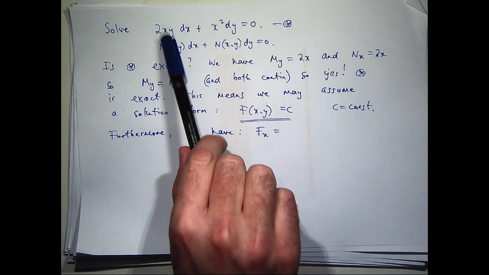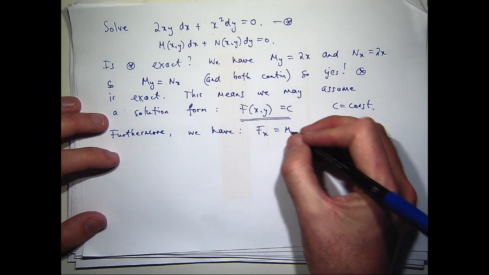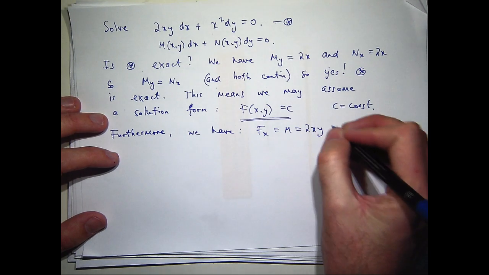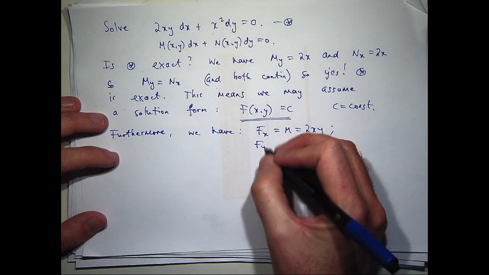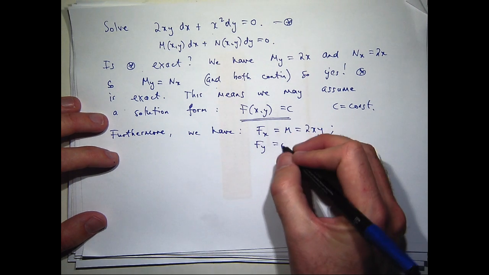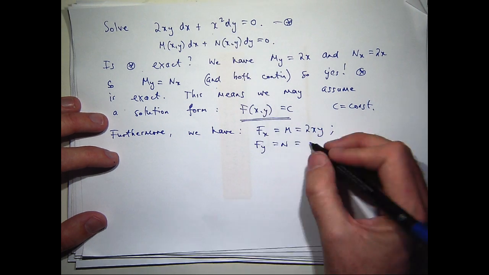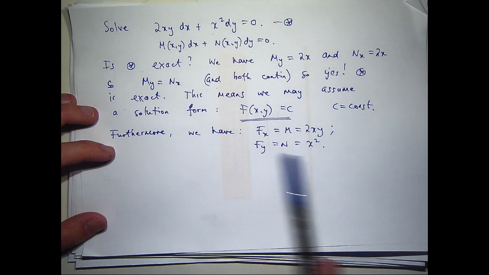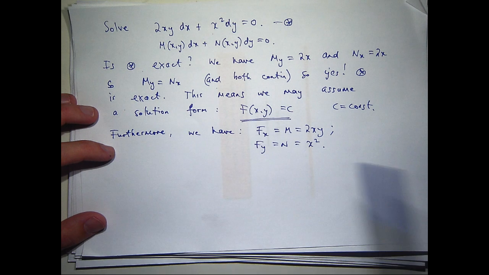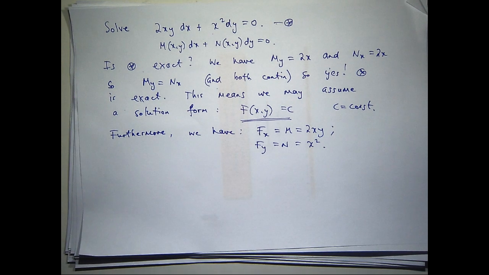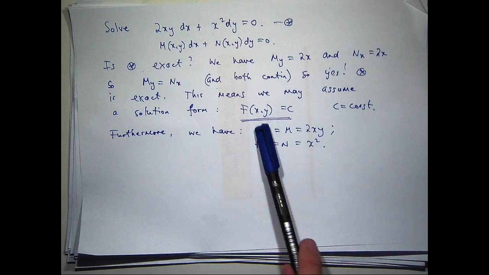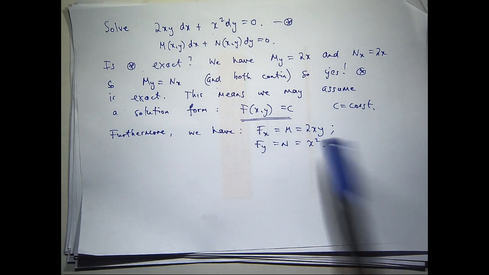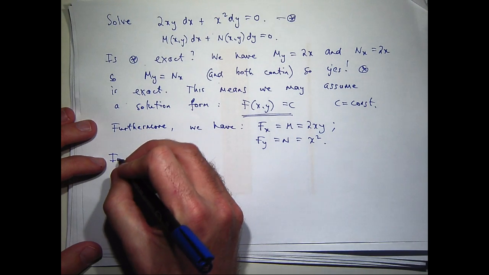F sub x equals the M function, which is 2xy. And F sub y, again partial derivatives here, is N, which is x squared. So in other words, we have two partial differential equations here. And the easiest way to solve them is via integration, right? Integrate the first one with respect to x, integrate the second one with respect to y.